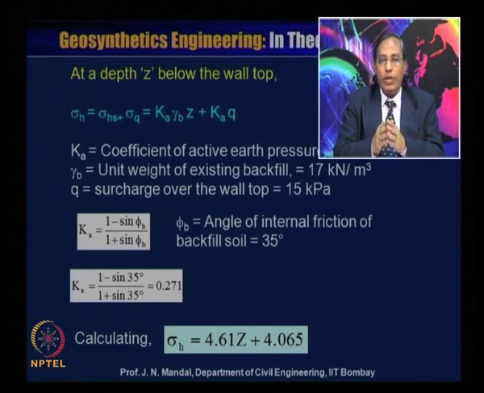So if you calculate sigma H, the K value is known, 0.271, gamma B value is known, 17 kilonewton per meter cube, and Q value is also known.